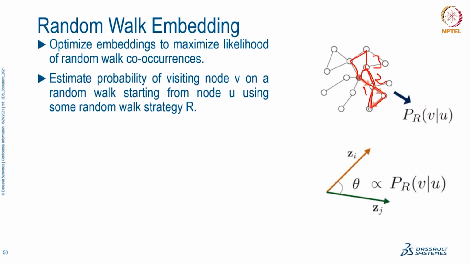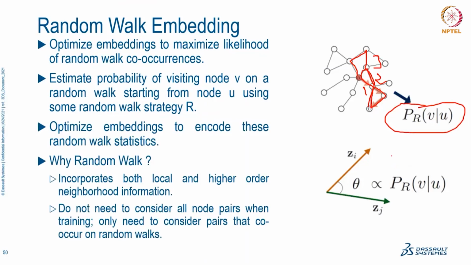That probability is what we embed as a cosine angle, the angle between those two vectors or nodes is the probability from these random walks. So have you got an idea what I'm saying?